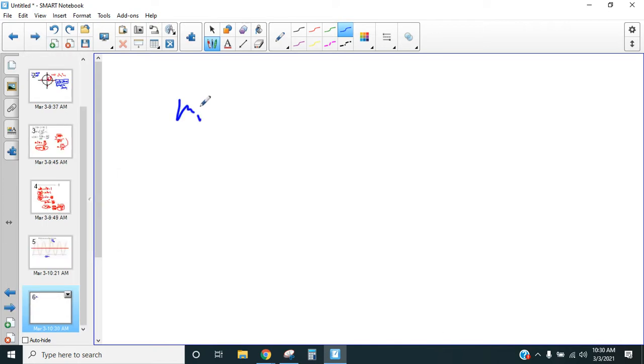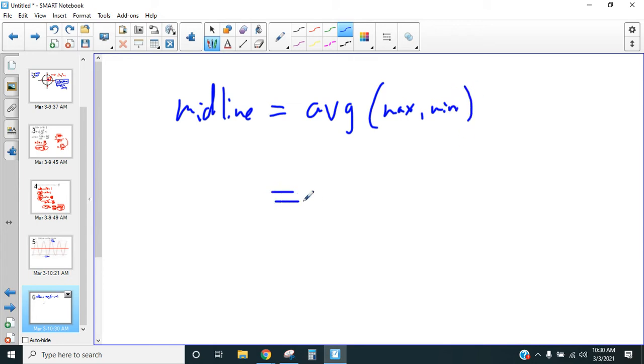How about this? The midline equals the average of the maximum and the minimum. Now, what's an average? If you have 2 points, how do you find their average? What do you have to do with them first? You add them up and you divide by 2. So that's what we're going to do. What was the maximum?